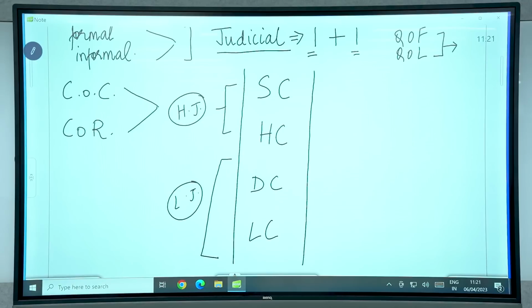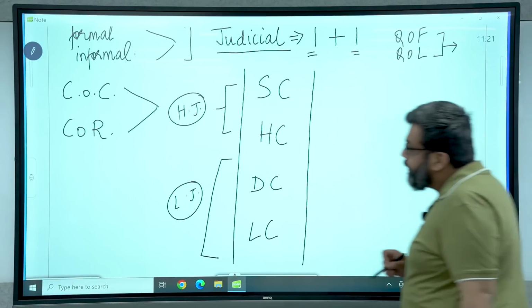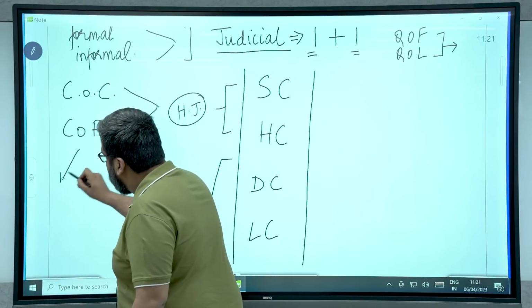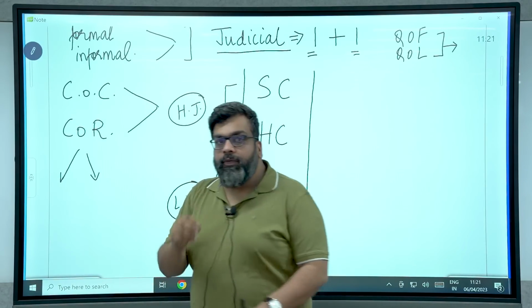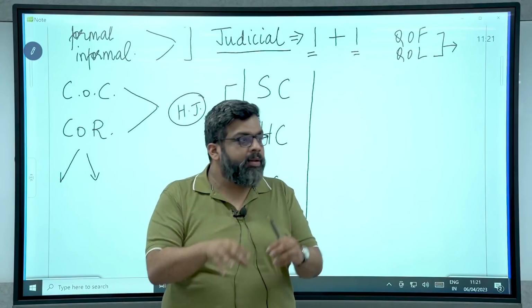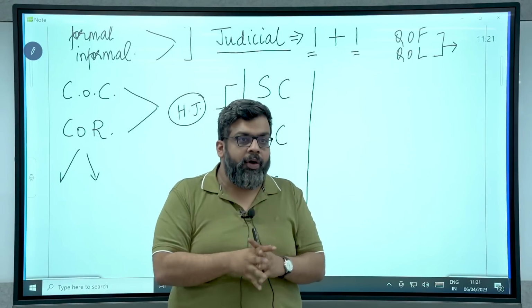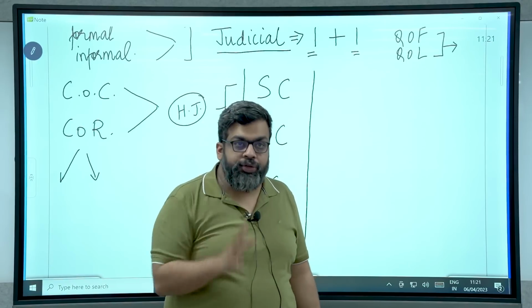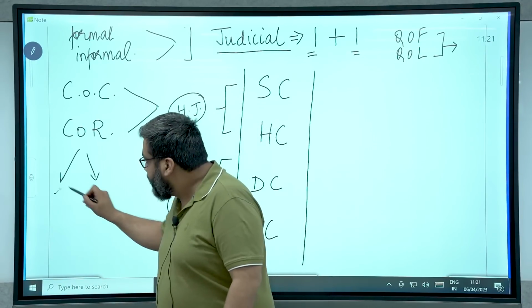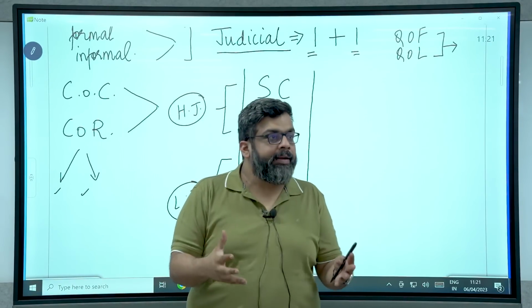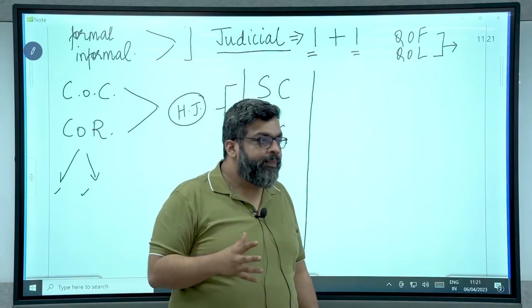But in our UPSC General Studies world, they are more or less the same thing. Clear? So, a court of record simply means two things. It means whatever is being presented before the court has to be true, and whatever the court has declared has a value.